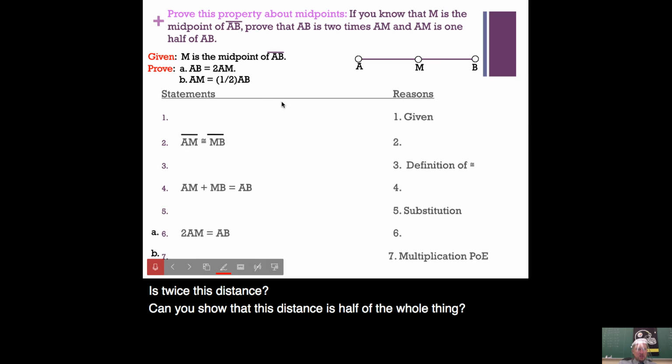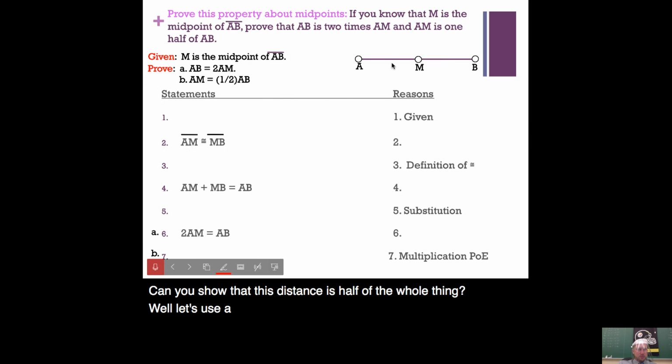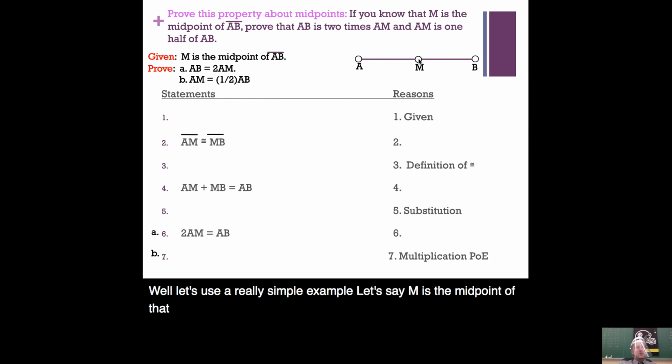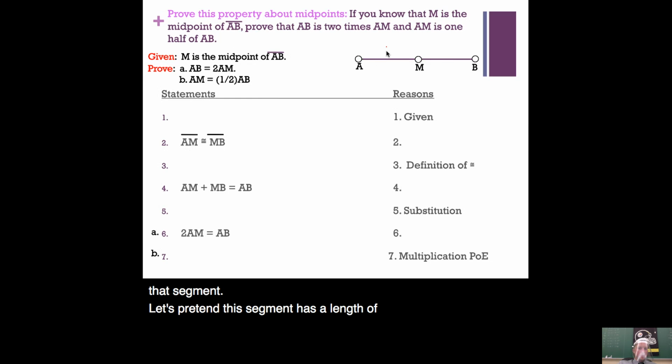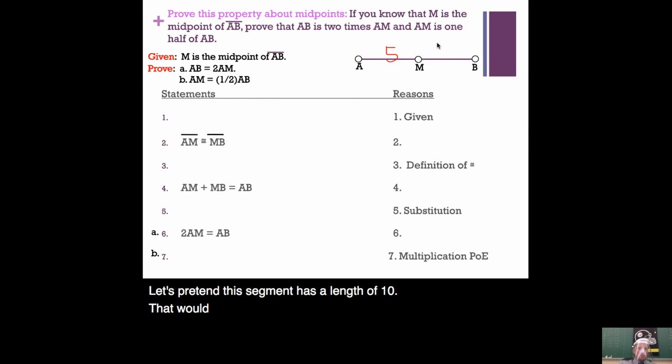Well, let's use a really simple example. Let's say M is the midpoint of that segment. Let's pretend this segment has a length of 10. That would make each piece 5. The distance from A to B is 10.